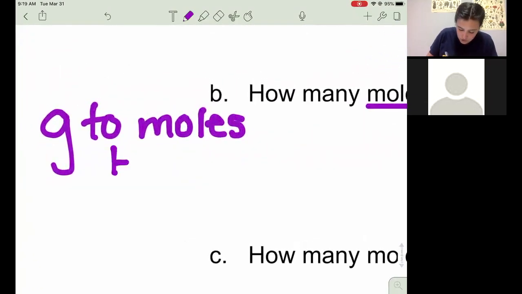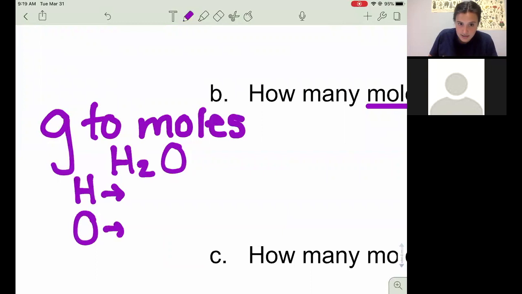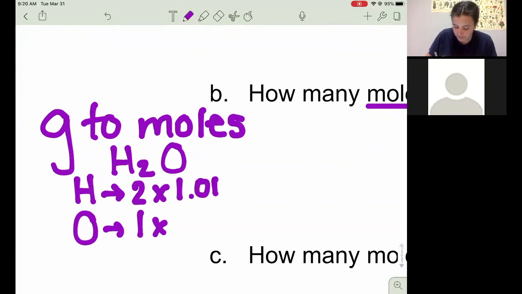I have H2O. So I'm going to go ahead and divide out what I have. I have 2 hydrogens and only 1 oxygen. The molar mass of hydrogen is 1.01. And then the molar mass of oxygen is 16.00.